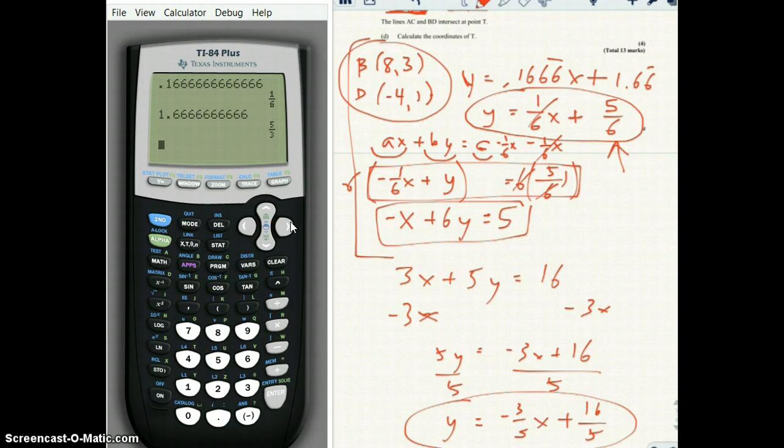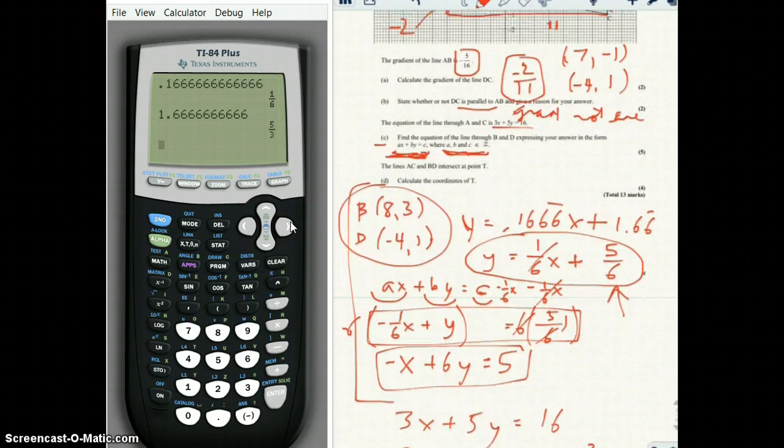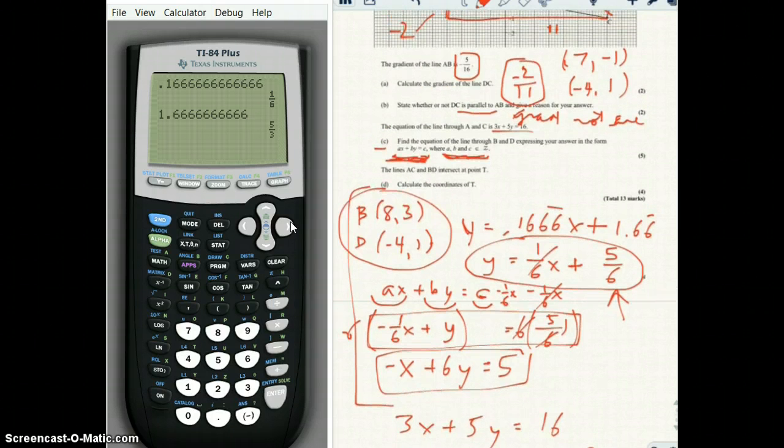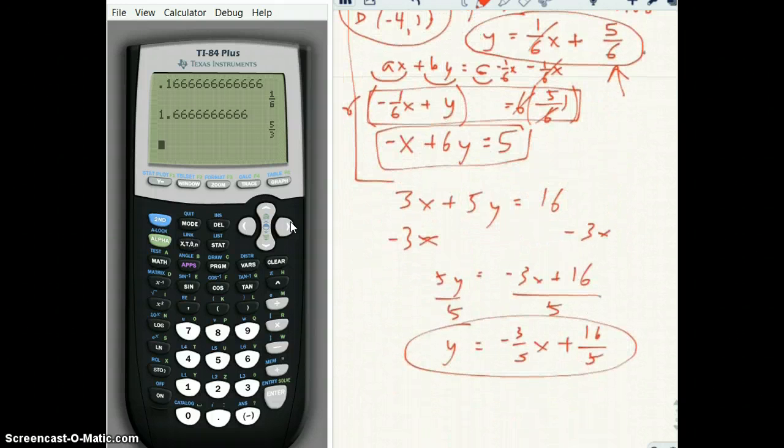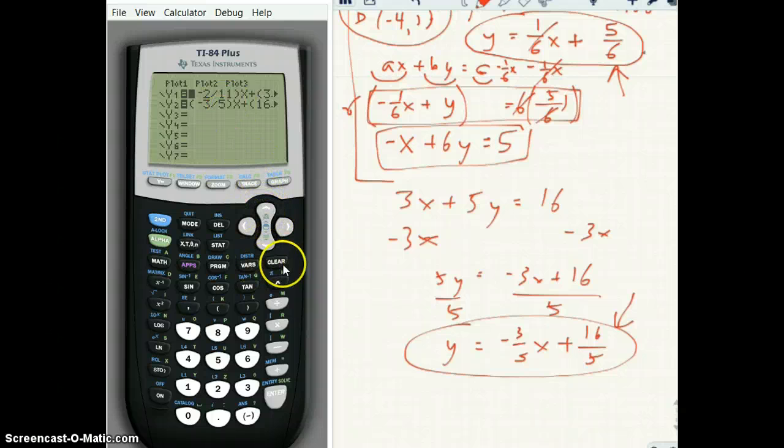Then I took the equation for AC, which says 3x plus 5y equals 16, and I used algebra to make that into y equals negative 3/5 x plus 16/5. I'm going to put each of those equations into the y equals screen. I made a mistake earlier, so this one I need to clear.